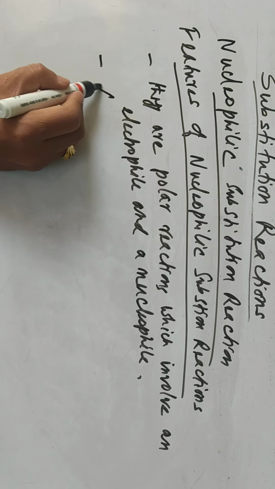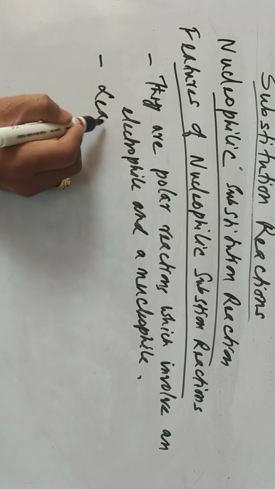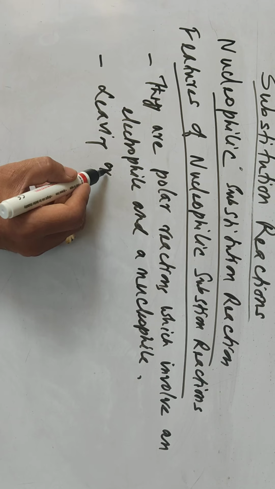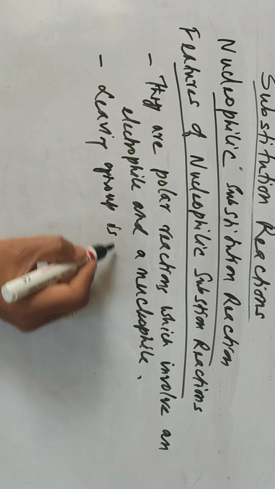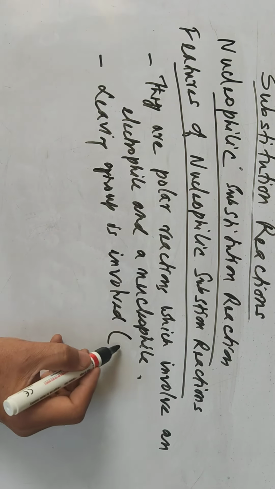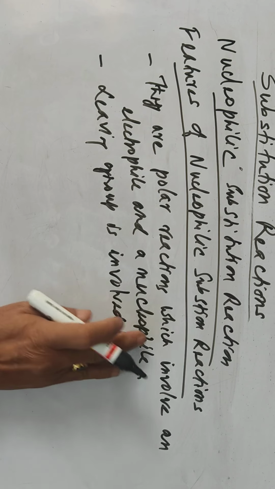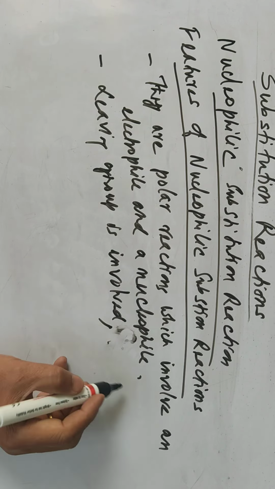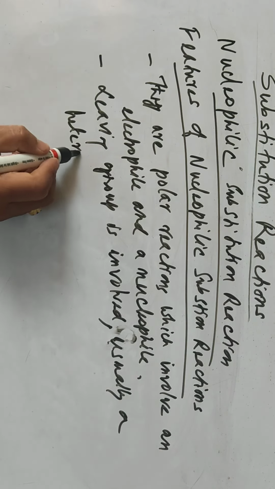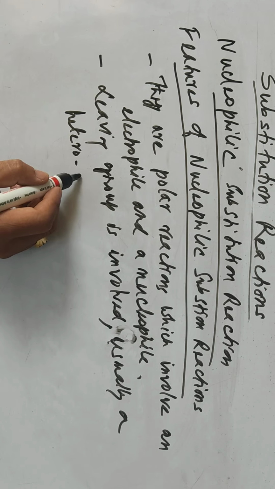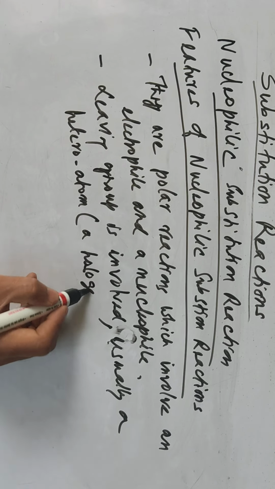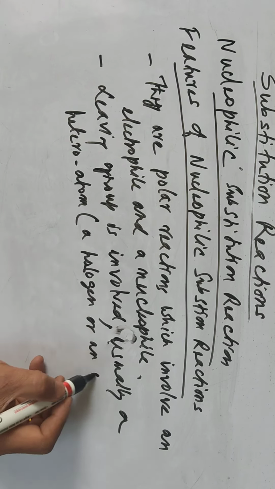Second, a leaving group is involved, generally a heteroatom like a halogen or an oxygen atom.